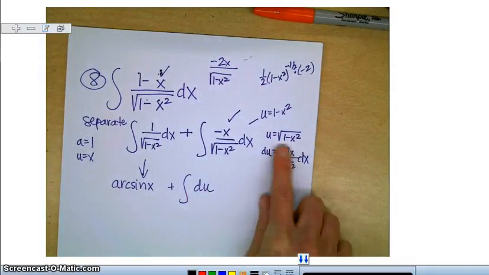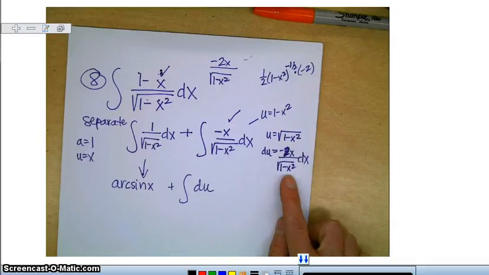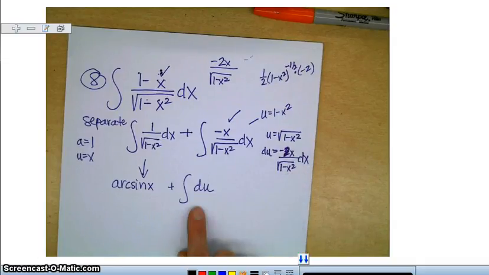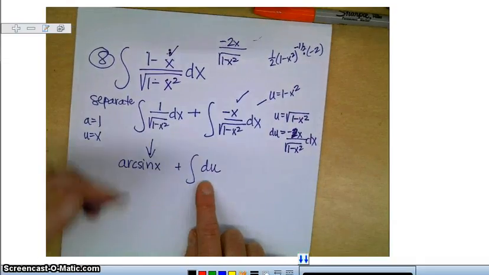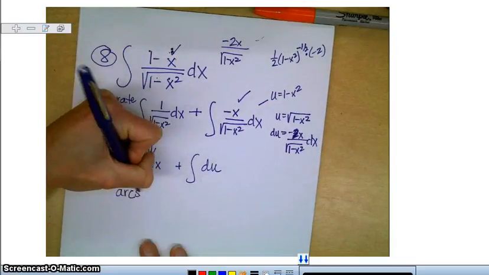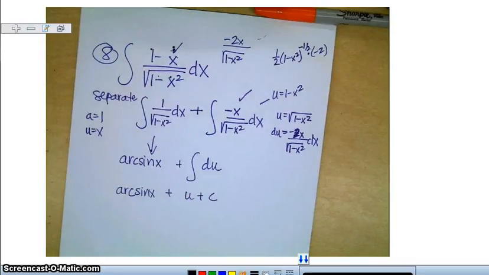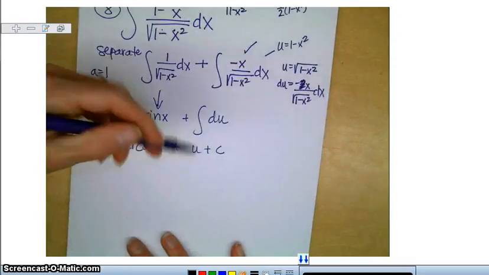I picked the u really nicely, so the du worked out to be the whole integral. What's the antiderivative of du? It's u plus C. So what was my u in this problem?